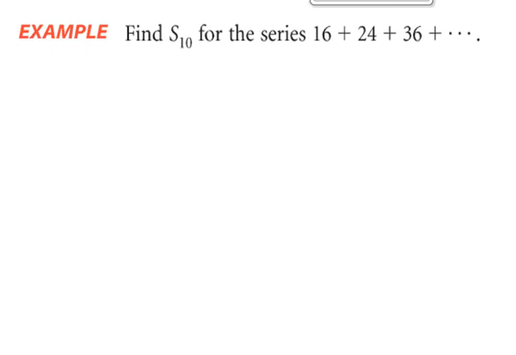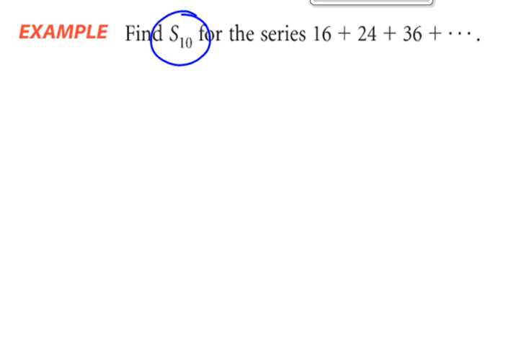Now, S sub 10, we know from our study of arithmetic series, means add up the first 10 terms of the series. This is what tells us that this is a finite geometric series because it's telling you straight out, hey, only add the first 10 terms. Not all infinity terms, right? Just the first 10. So we know it's a finite geometric series.